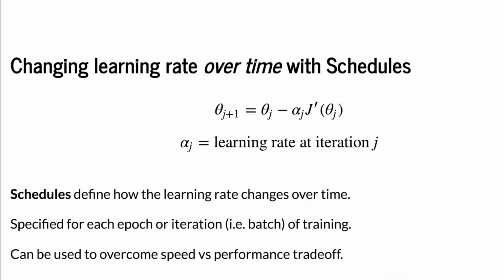For MXNet, we'll see that the schedules are defined on an iteration basis rather than an epoch basis. And as mentioned before, we can use learning rate schedules to overcome the speed versus performance trade-off that we found with a fixed learning rate.